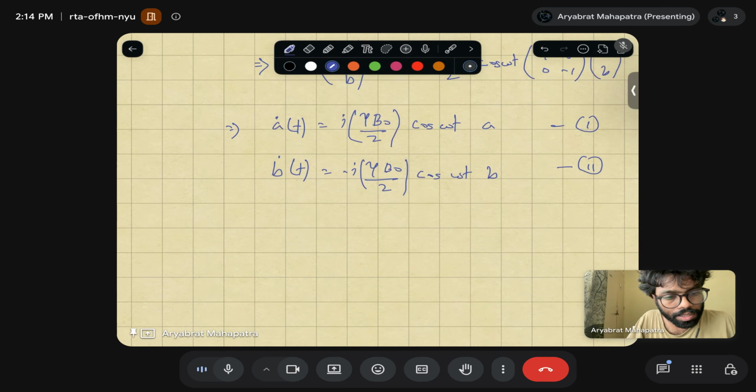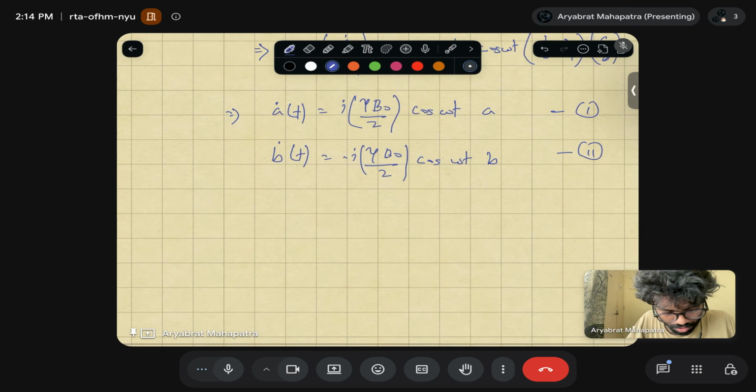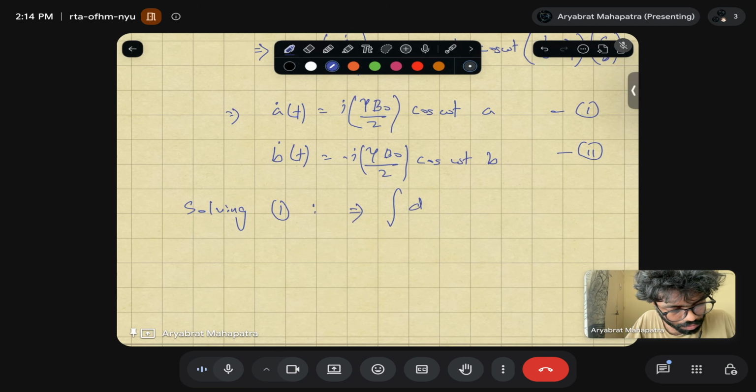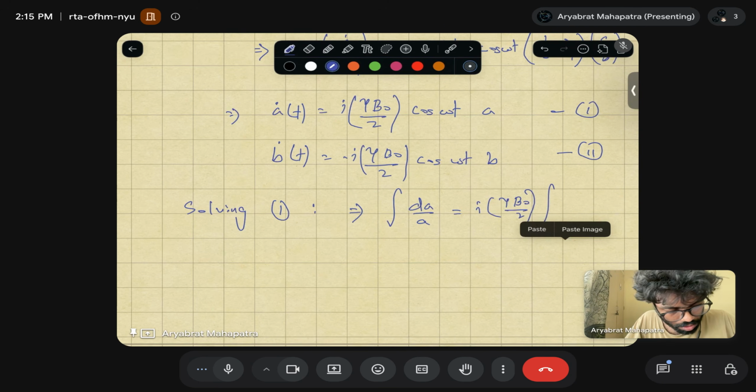So we can simply solve them by variable separation, which means integrating, with i gamma B naught by 2 cos omega t dt.